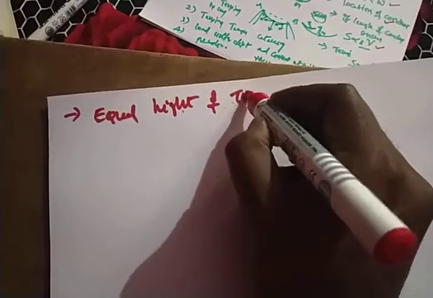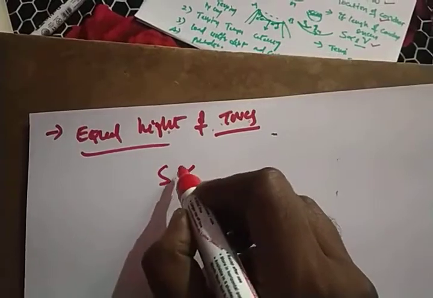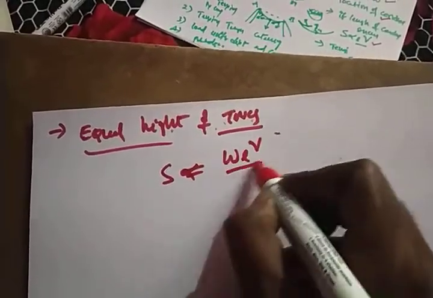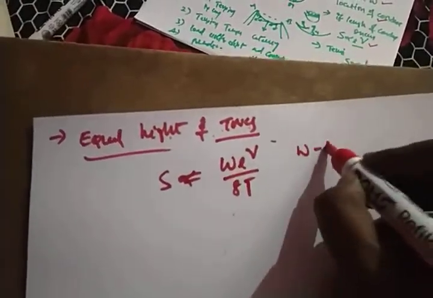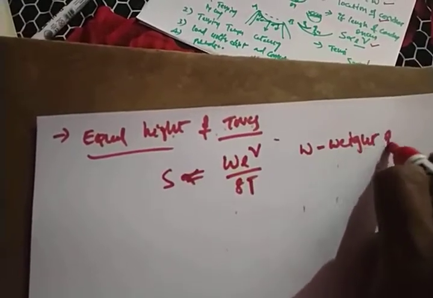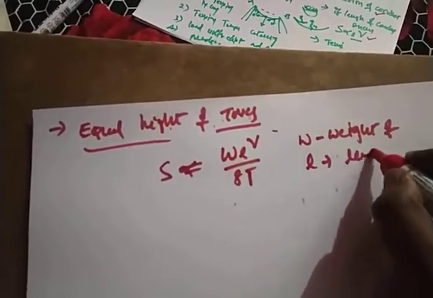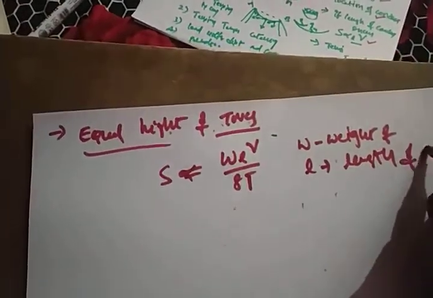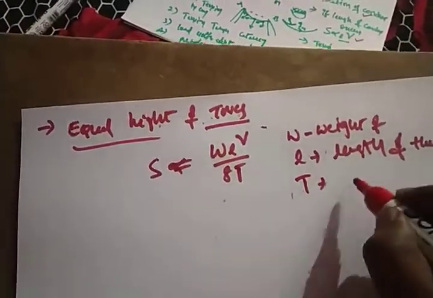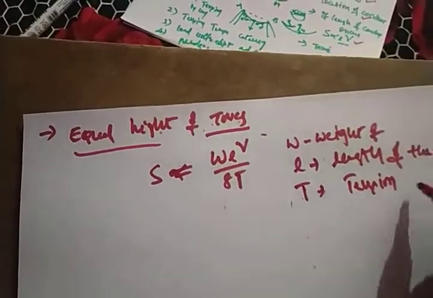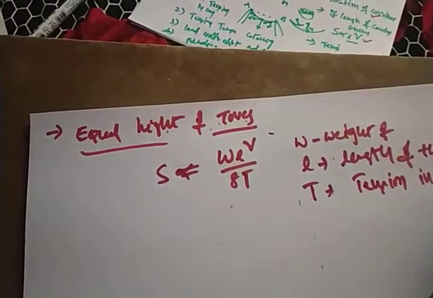For equal height of the towers, the formula is sag is equal to WL square by 8T, where W is the weight of the conductor, L is the length of the span, and T is the tension in the conductor.